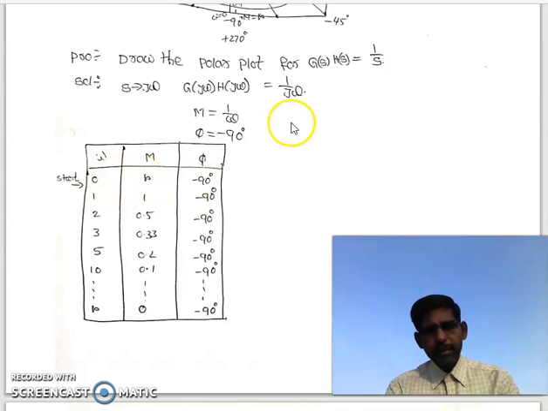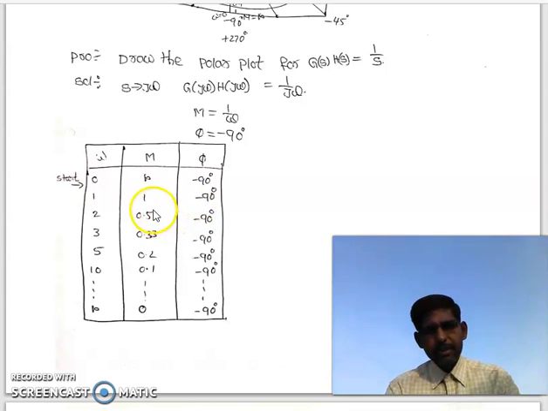If you substitute omega equal to 0 in this equation, the magnitude will be infinity. The phase angle will be minus 90 degrees. If you substitute omega equal to 1, the magnitude is 1 and the phase angle is minus 90 degrees. The phase angle is independent of frequency, so for all the frequencies, the phase angle will be minus 90 degrees.